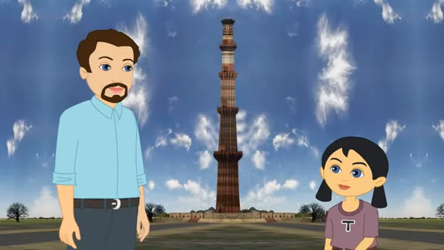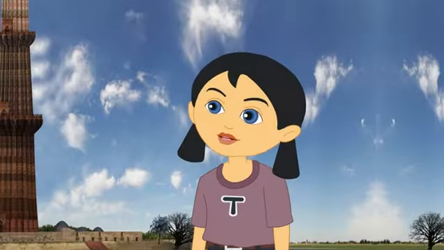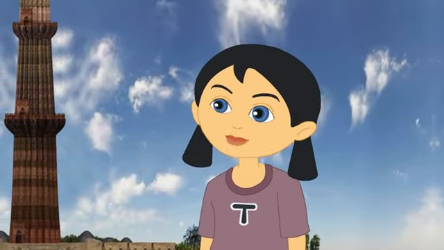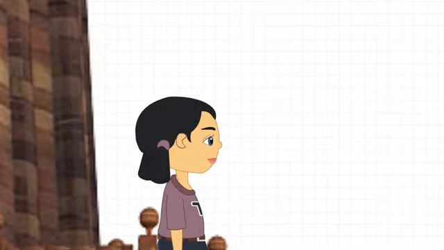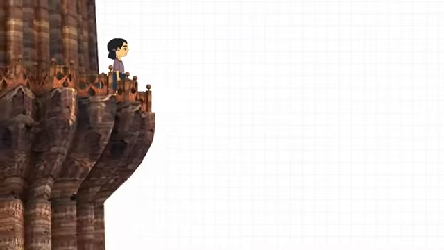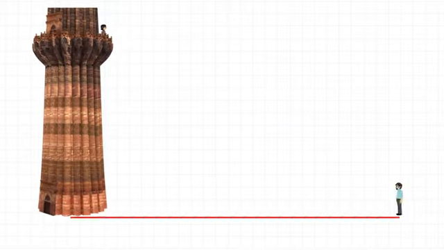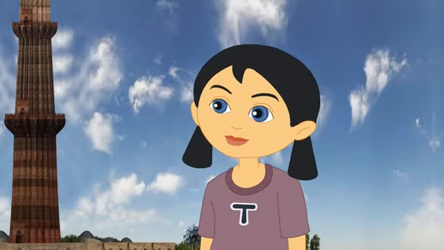But if we are on the top of the tower and want to find the distance from the tower to an object kept at a distance? You mean that if you are standing on the minar and I am standing here, then what is the distance between the minar and me? Yes.